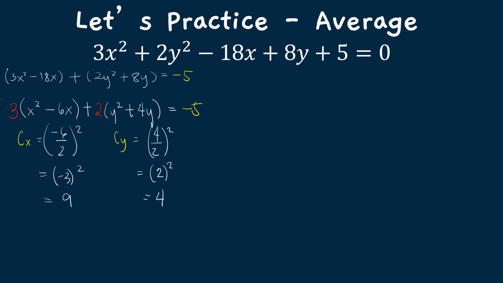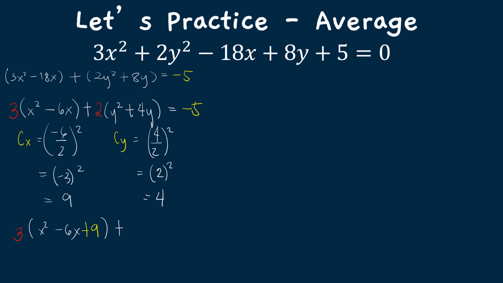For 9 and 4, it should be added respectively to the respective variables and should be added also on the right side. But be careful because we have 3 and 2 in front. So it will be resulting into 3 multiplied by x squared minus 6x, you add 9.